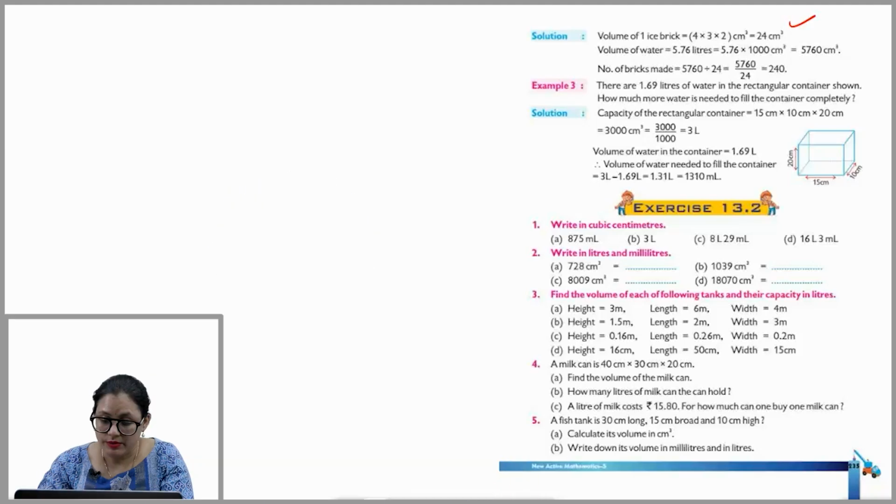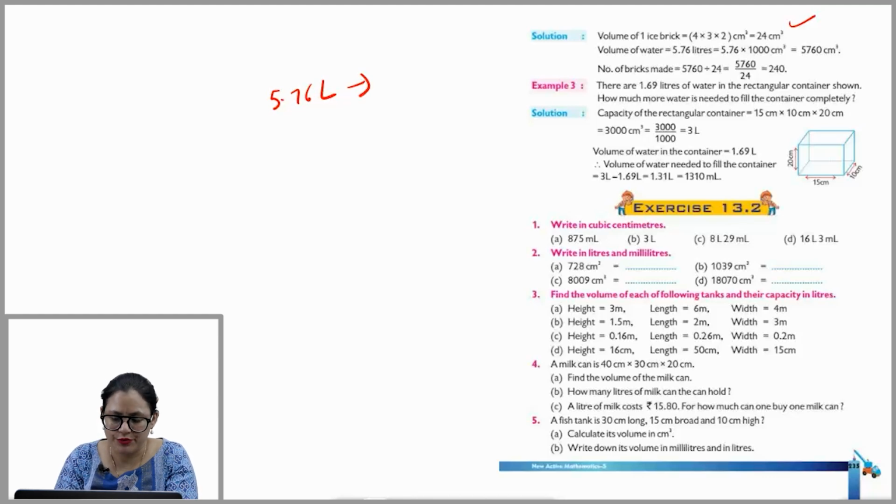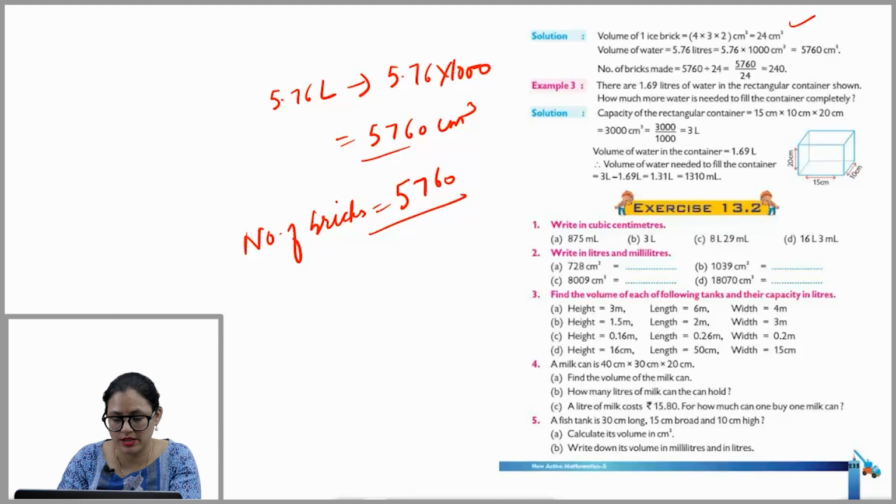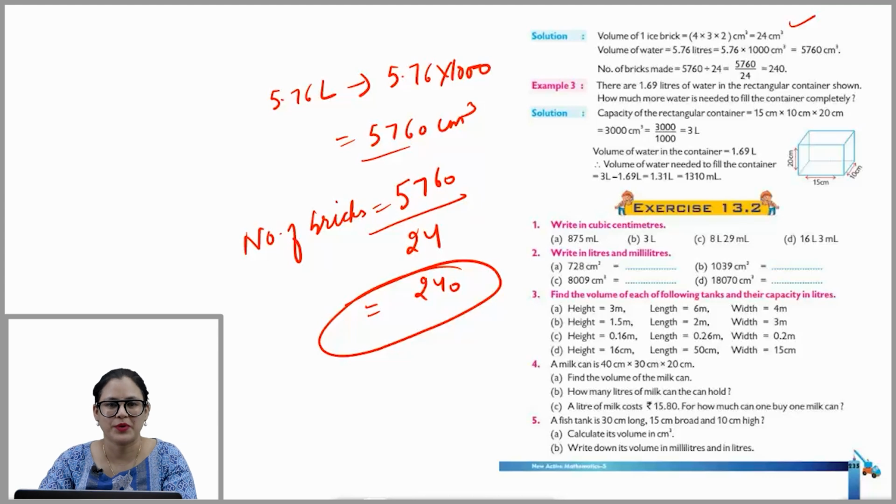Volume of water is 5.76 liter, and we'll convert it into cubic centimeter. So 5.76 into 1000 is 5760 centimeter cube. Now for the number of bricks made, you will divide this by 24. So what will you get as the answer? You will get 240. So the number of bricks made is 240, right?